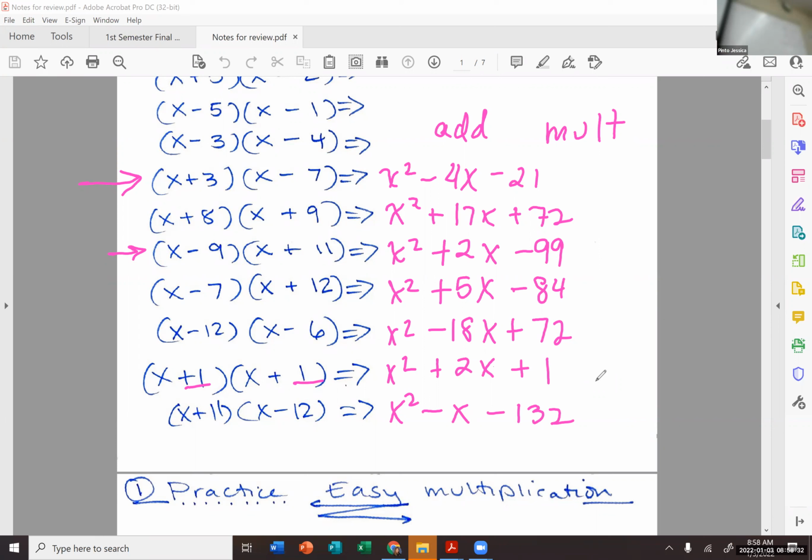What happened here? Please come and get your practice of easy multiplication. Make sure that it says number 1. The ones that say 4.